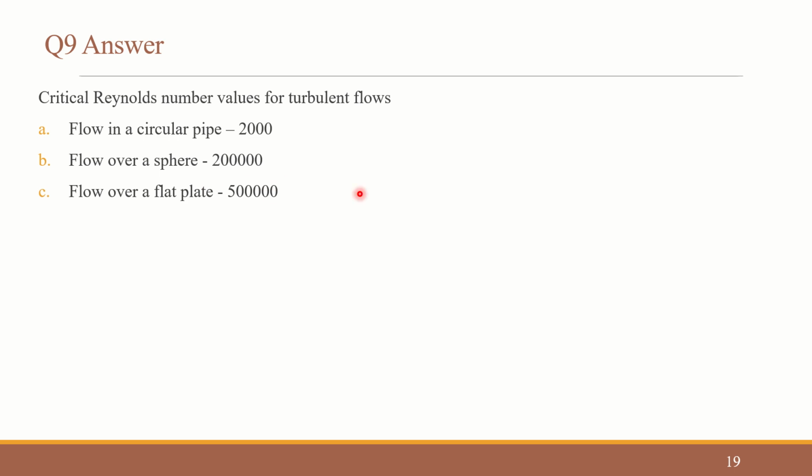So the critical Reynolds number values for turbulent flows in a circular pipe is 2000, in flow over a sphere is 2 lakh, and flow over a flat plate is 5 lakh. So keep these things in mind. It is required that you memorize these values so that they will come in handy in later cases.